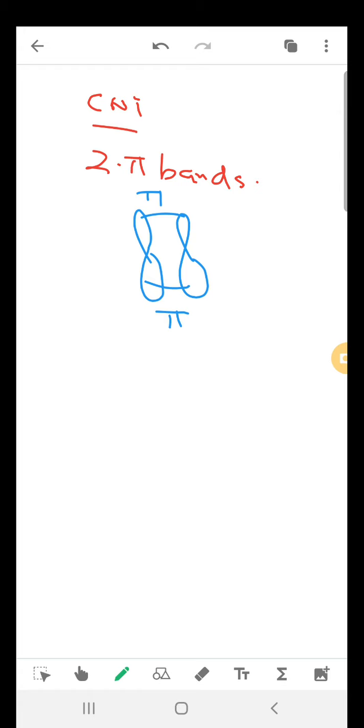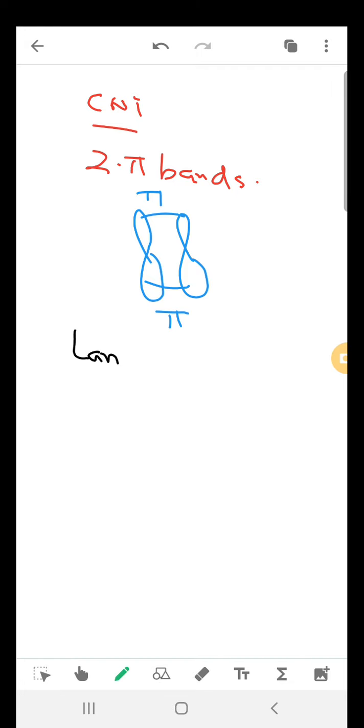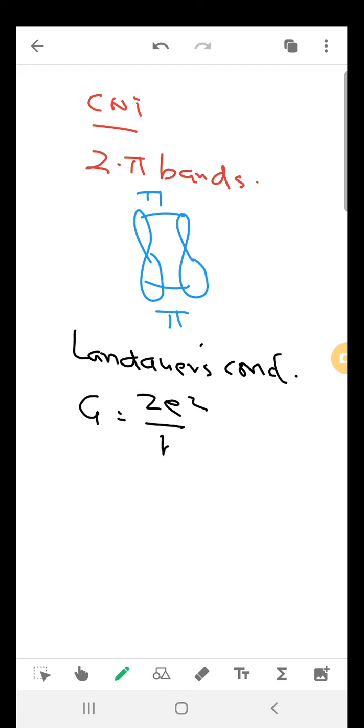So there are two pi bands, and the lowest resistance, this is called Landauer's conductance G. The lowest possible resistance is given as 2 e squared by h into n, depending upon the number of carbon nanotubes present, and the mean free path is of the order of 1.5 micrometers.